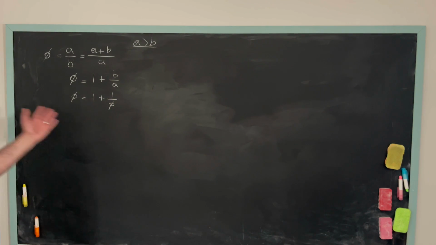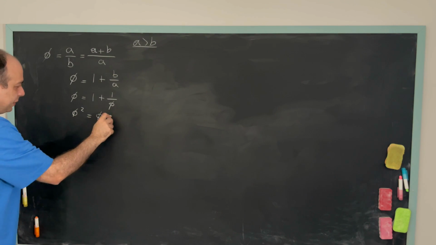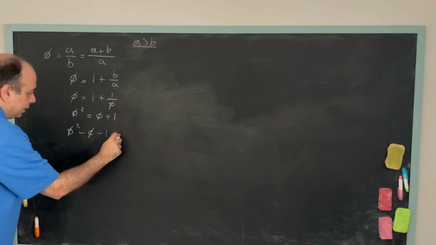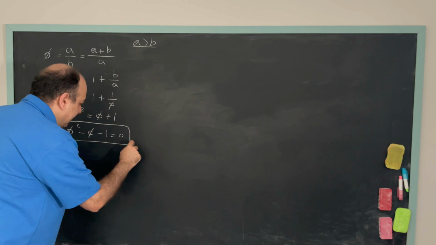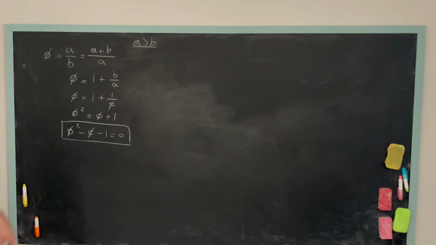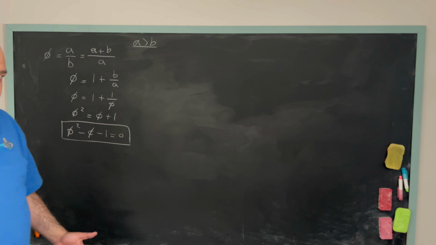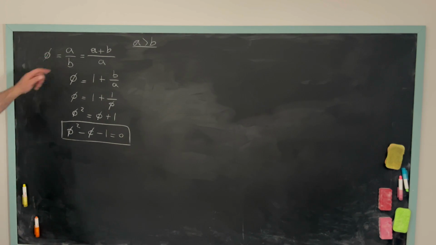So if I multiply everything with phi, phi squared is equal to phi plus 1, or phi squared minus phi minus 1 is equal to 0. So this is the quadratic which is satisfied by this golden ratio. This, of course, has two roots, but we'll be looking at the one which is going to be positive, right?